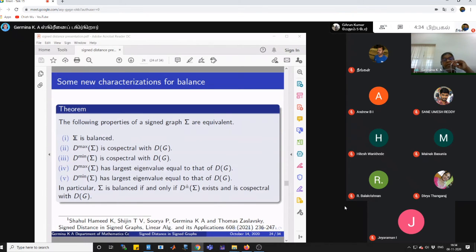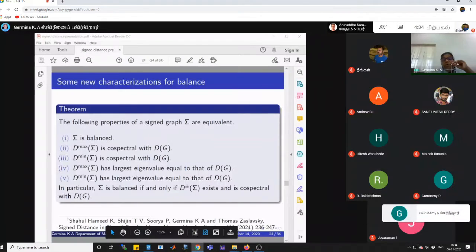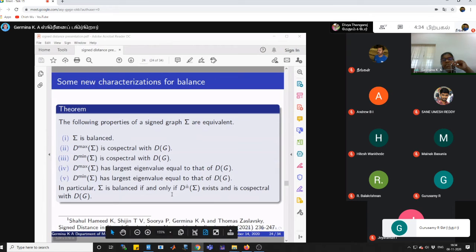Similarly, if sigma is balanced, D max of sigma is cospectral with D of G, where G is the underlying graph. Similarly, D min of sigma is cospectral with D of G. D max of sigma has largest eigenvalue equal to that of D of G. You remember Stanic's theorem; the same theorem holds here also. D min of sigma has largest eigenvalue equal to that of D of G, where G is the underlying graph.